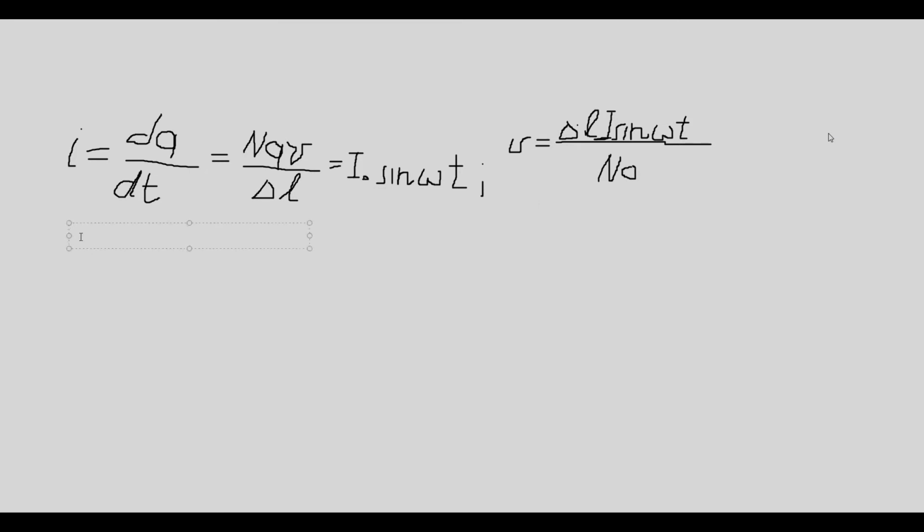Okay, let's see. So A is equal to the derivative, so it means that our acceleration is equal to, if we differentiate velocity by time, we will have acceleration.